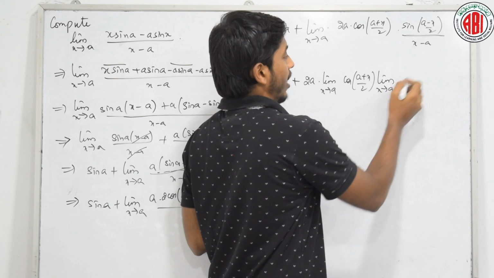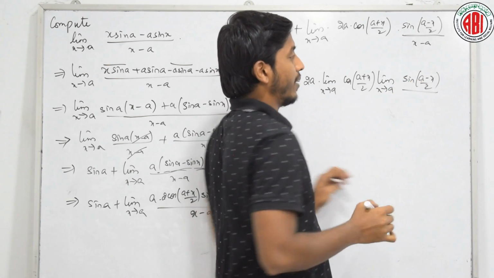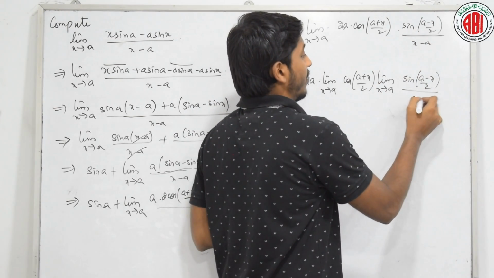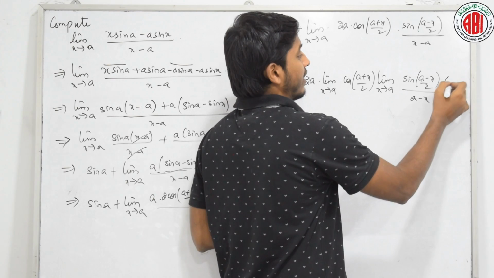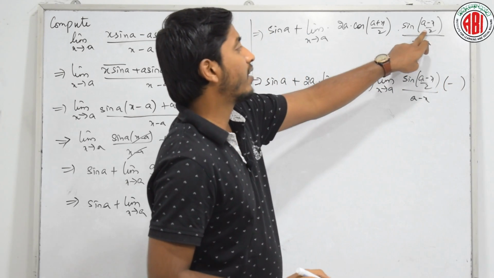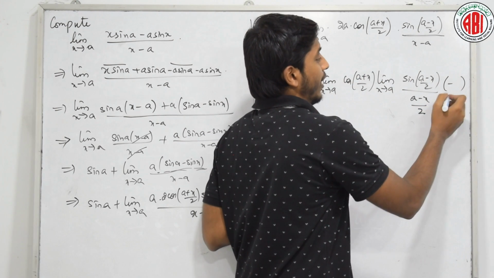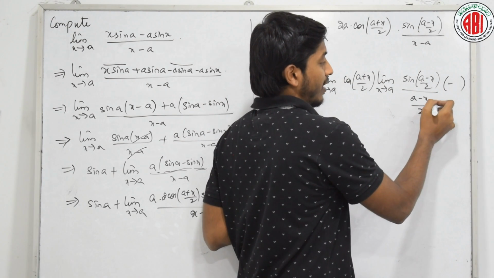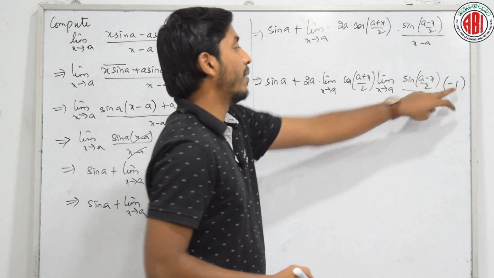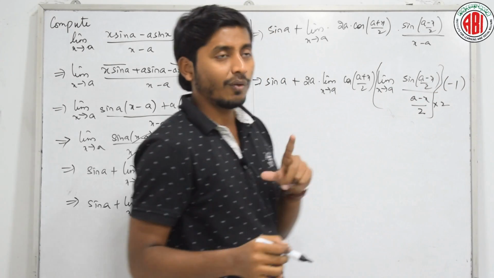Limit x tends to a, sin of (a minus x) by 2 divided by, here I have only x minus a. If I take minus common, that will become a minus x. Let me take minus common. And what is left? By 2 is also left, right? Let us multiply and divide by 2. Therefore, this will come in this term. What is left? Minus 1 by 2 is left. If you observe, this whole term will become 1.